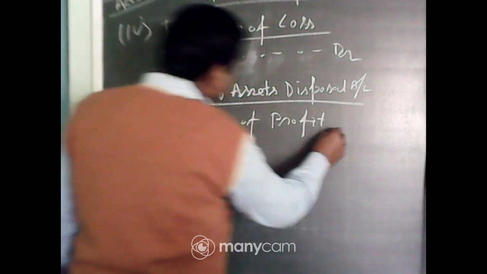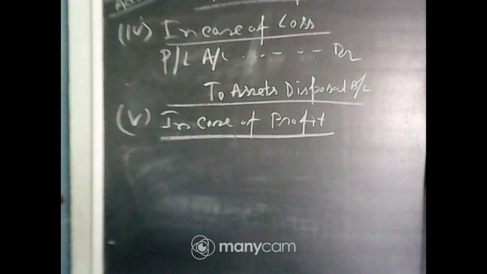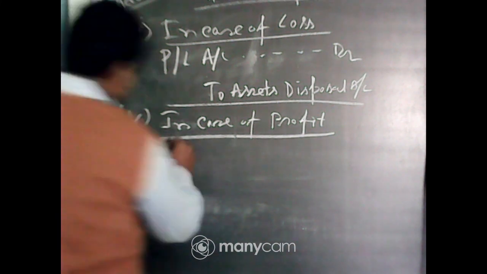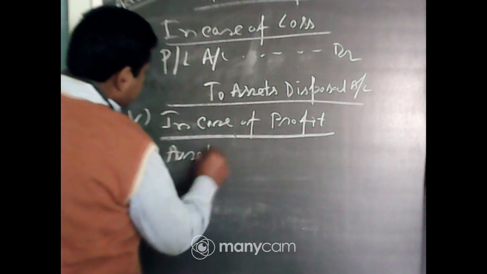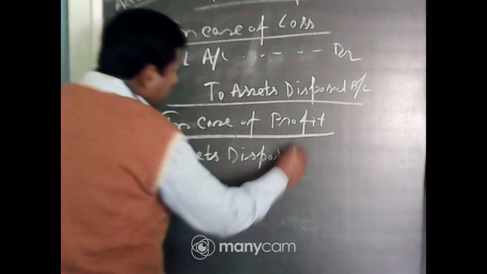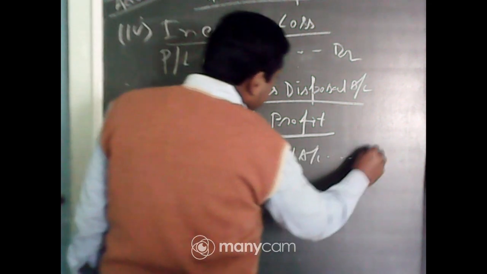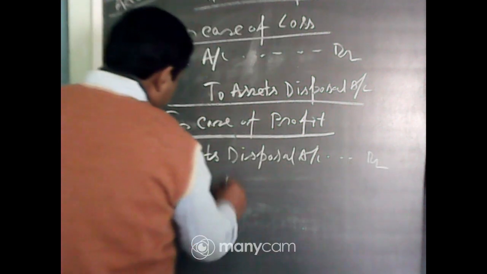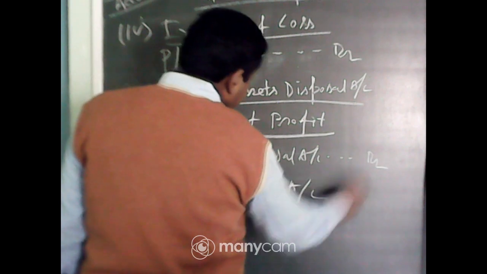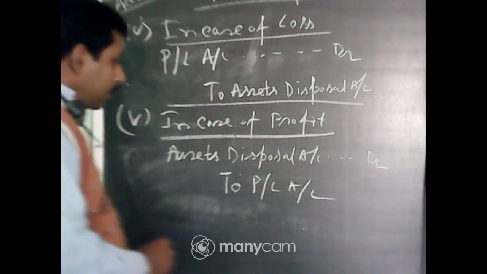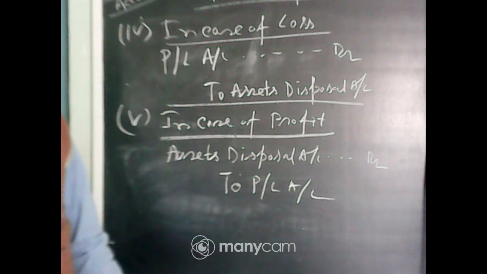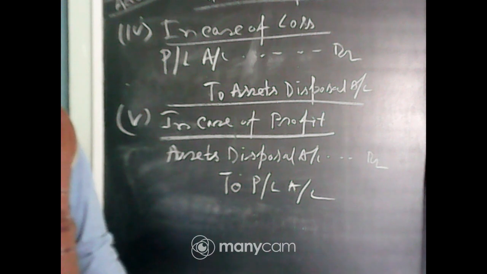After selling the machinery or plant or assets, if there is a profit, then asset disposal account debit to profit and loss account. Then profit and loss account will be credited, because profit and loss account is a nominal account. When there is a profit, that should be credited. When there is a loss, that should be debited.